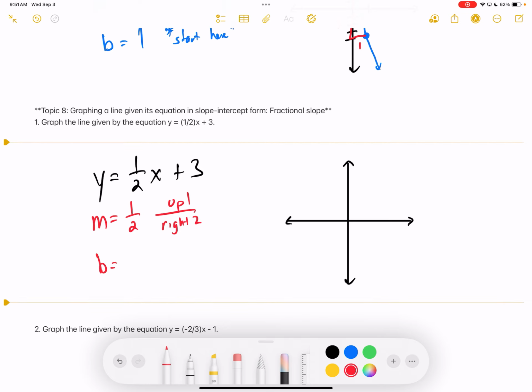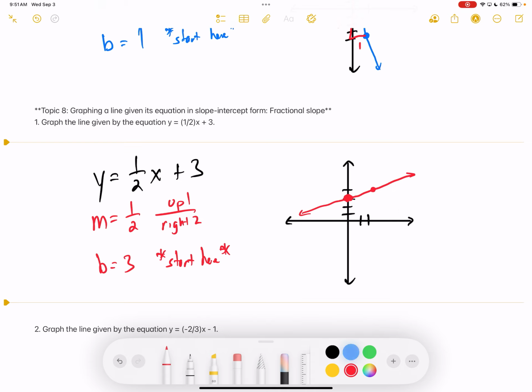And then my y-intercept is 3. That is my starting location, so I'm going to start at 3. So I start at y equals 3, and then I do what my slope says. It says I'm going to go up 1 to the right 2, up 1 to the right 2.